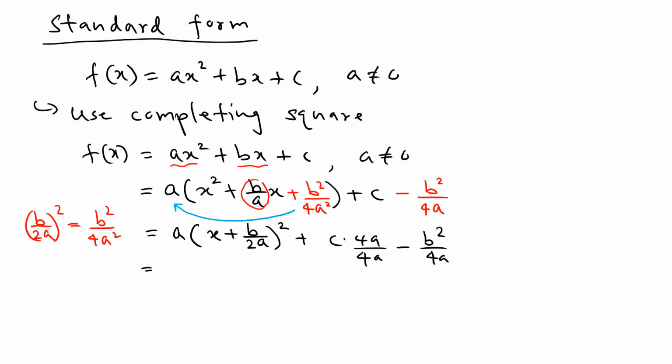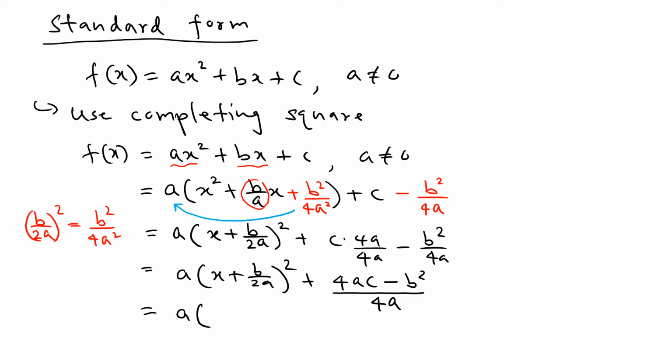So you can rewrite it like this: a times x plus b over 2a, squared, and if you simplify this one, you're going to get 4ac minus b squared over 4a. So this is what we call the standard form, but we're going to make a small rearrangement.